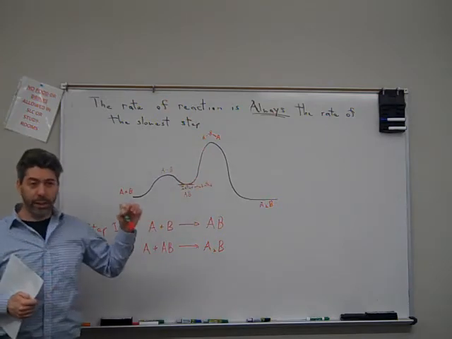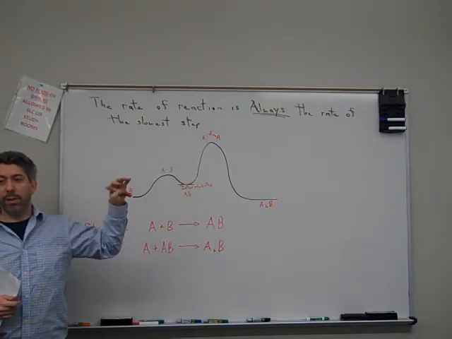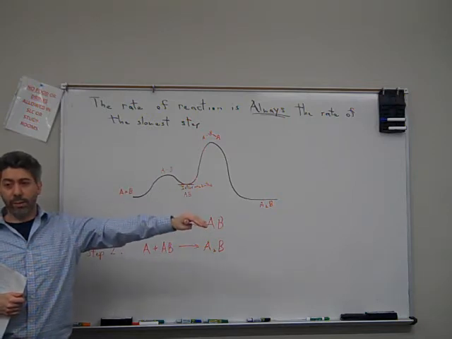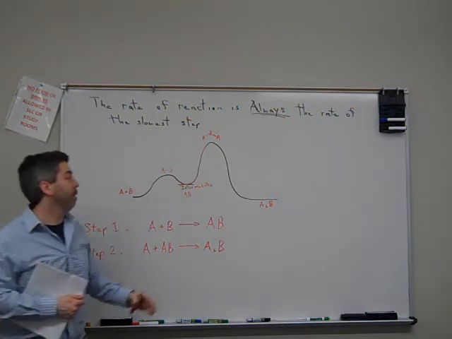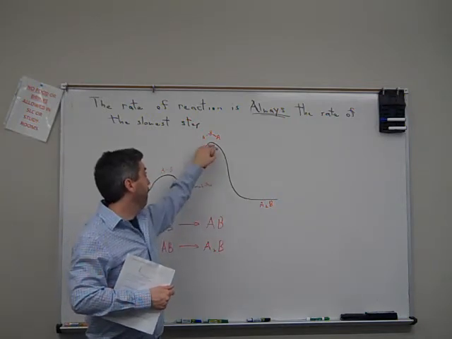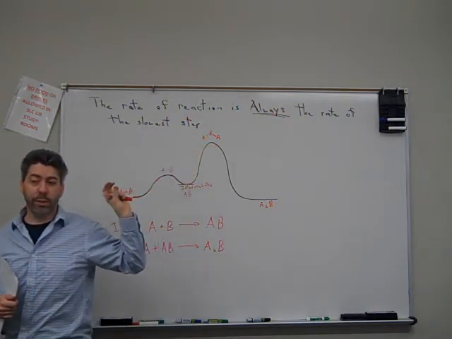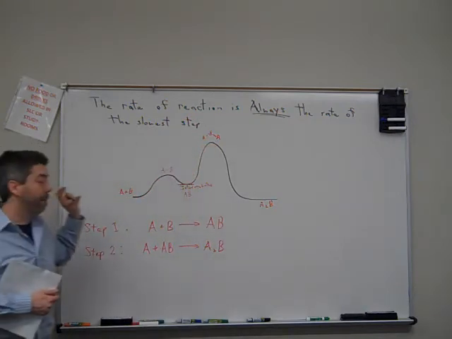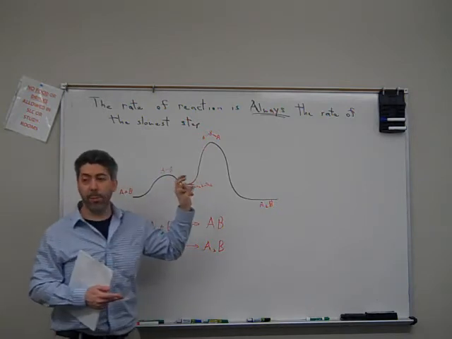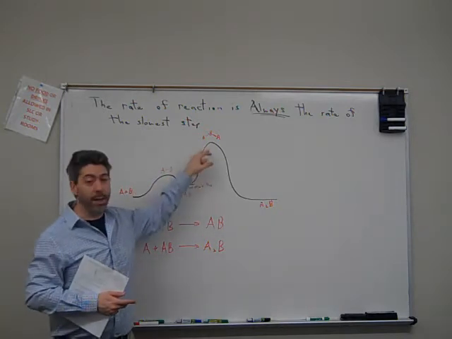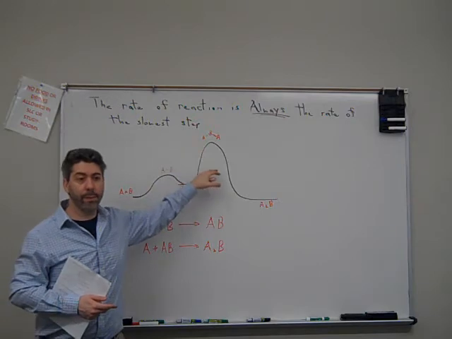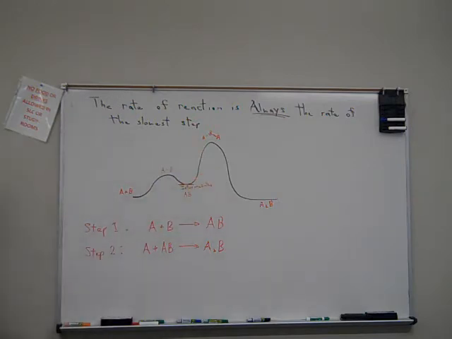Because remember when I showed you that energy diagram with the particles? There are always fewer particles at those higher energy points. So to get up to here, there are going to be a lot fewer molecules that are able to react with that higher activation energy. So that's going to be much slower.